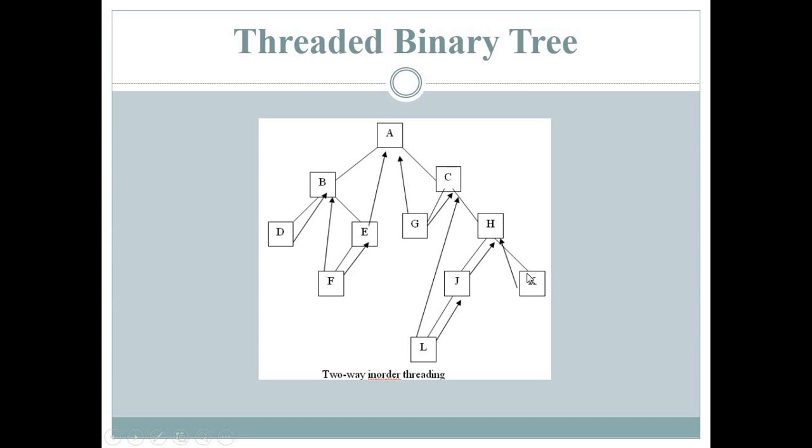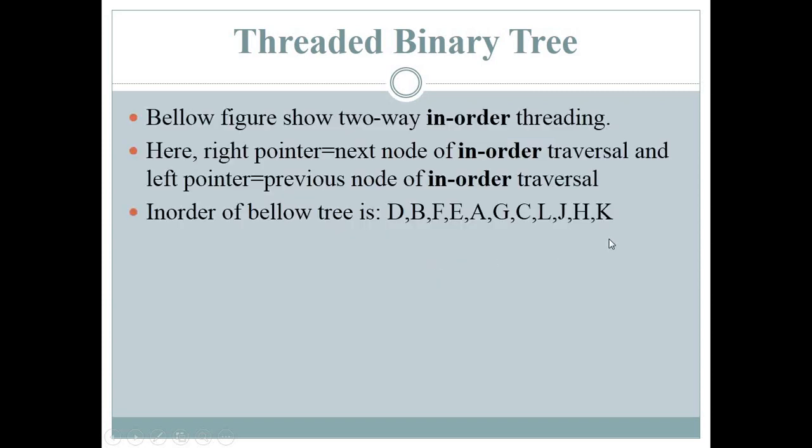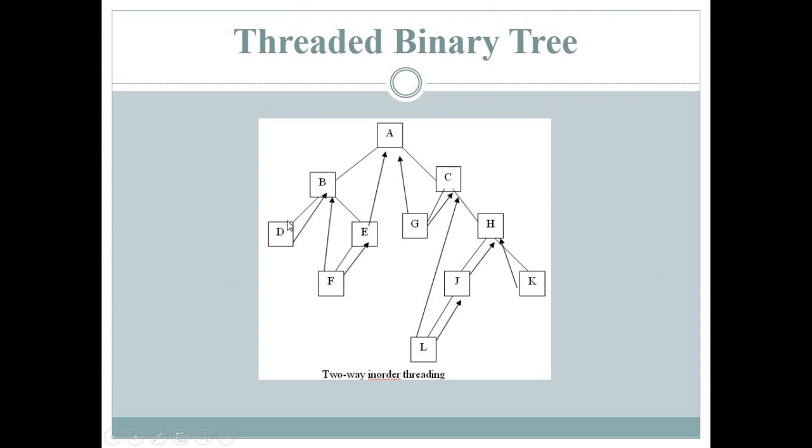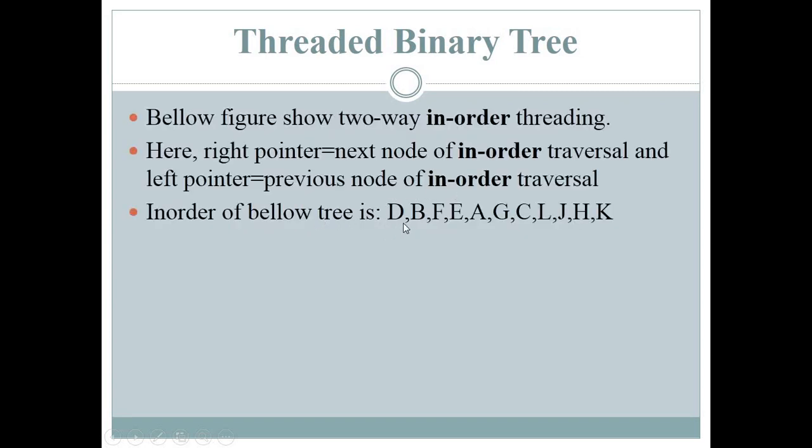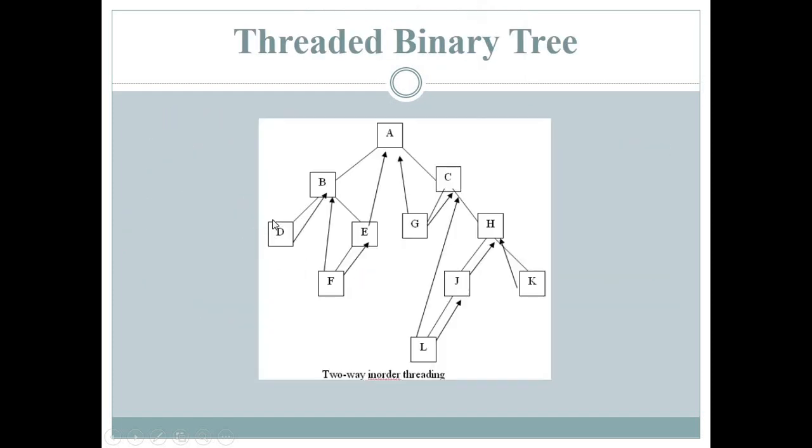So if K points to its next node, then in the in order traversal no node is available next to K. Same case for D. D will have its previous node in the in order traversal, but no node is available before D. So there will be null values on the leftmost node's left side and the rightmost node's right side. Okay, so this is the two-way threaded binary tree.